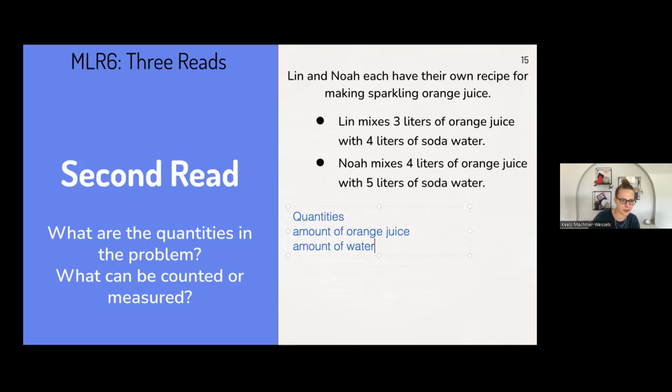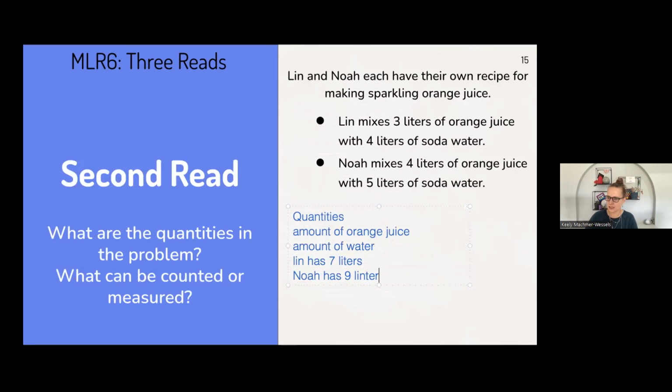What else we got? Okay. I'm seeing Lynn has 7 liters and Noah has 9 liters.